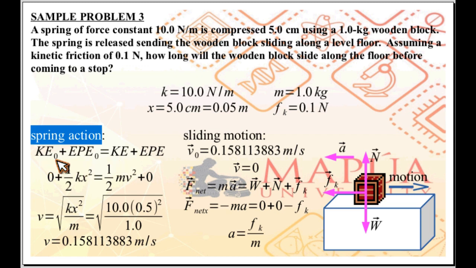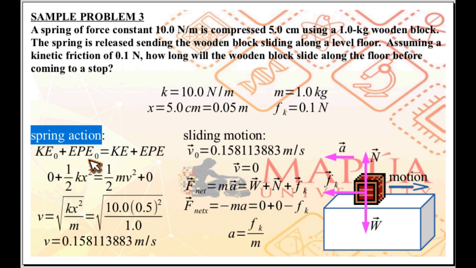So again, initial kinetic energy plus initial elastic potential energy is equal to final kinetic energy plus final elastic potential energy. Initially, when the spring is released, the wooden block is at rest, so initial kinetic energy is 0. Initial speed of the wooden block is 0 as far as the spring action is concerned. And initially, the spring is compressed.